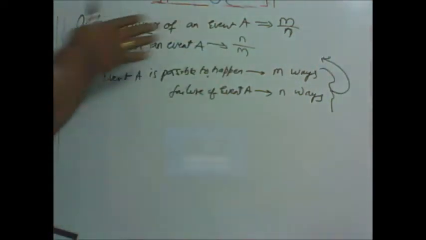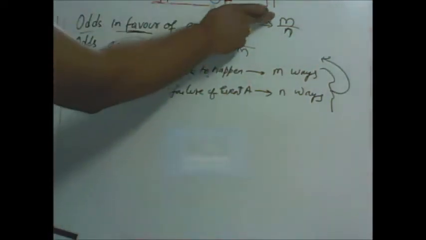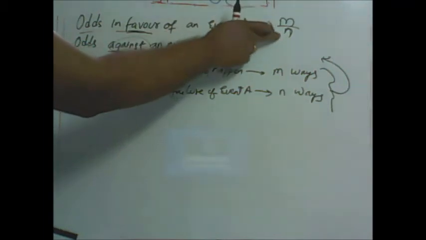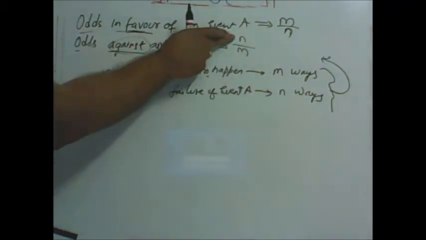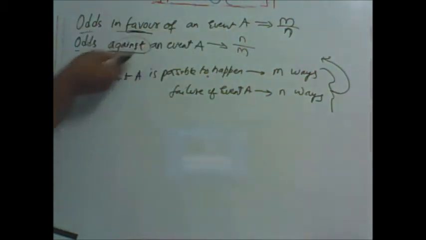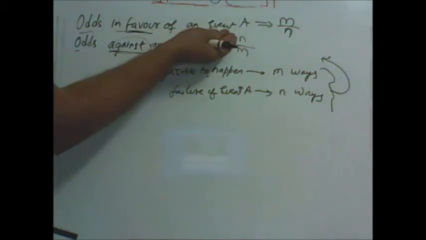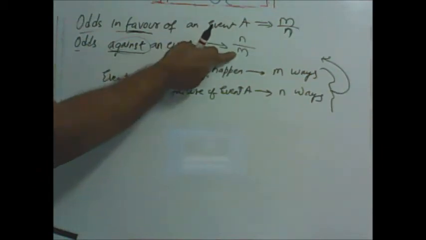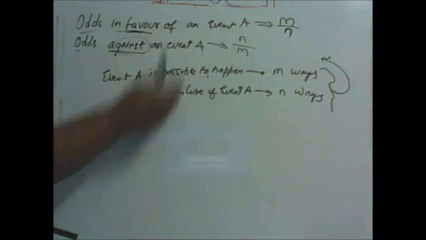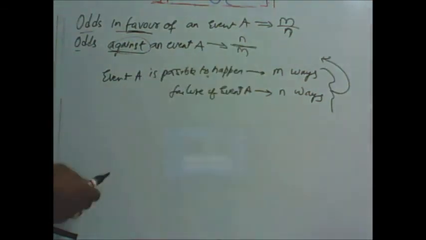So odds in favor is the event's success rate divided by the event's failure rate. When odds against an event, against means failure, we want failure, so the event's failure ways divided by the number of ways it is possible, or success. So I hope this concept is also clear for you all.